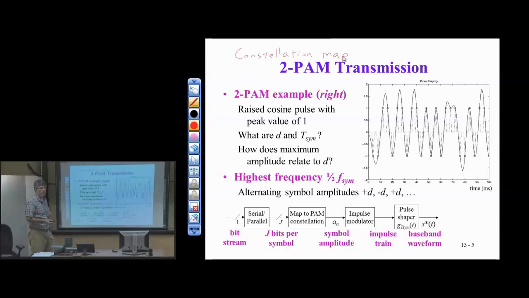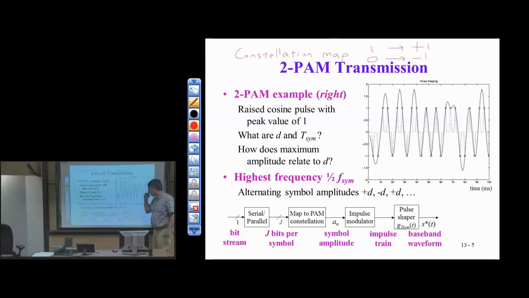As long as the receiver knows what the map is, it doesn't matter. So a bit of 0 goes to amplitude -1, a bit of 1 goes to amplitude +1. And you can pick off some features here of the baseband signal in continuous time, analog amplitude.